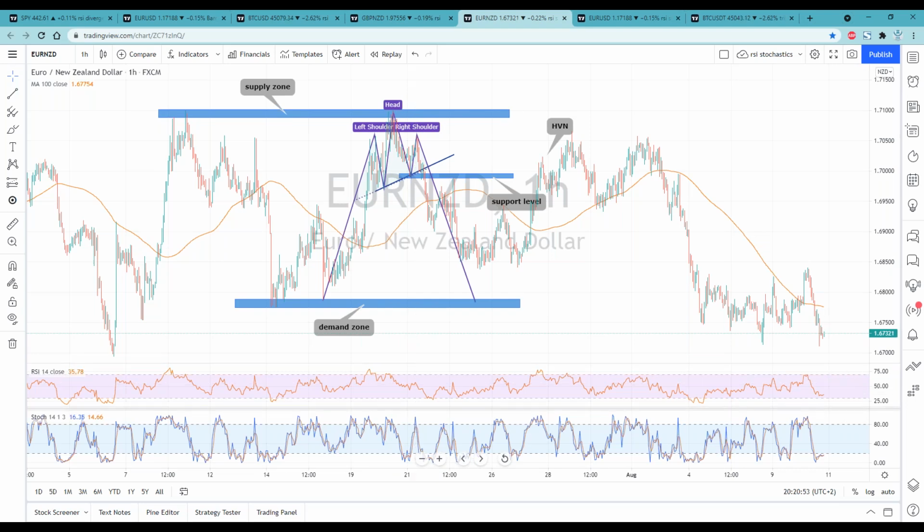Now, remember, the word indicator means indicate. There are some people who make whole trading systems out of indicators. To me, an indicator only indicates. An indicator is an interpreter. If you can't figure out what price is trying to tell you, then an indicator might help interpret it for you.